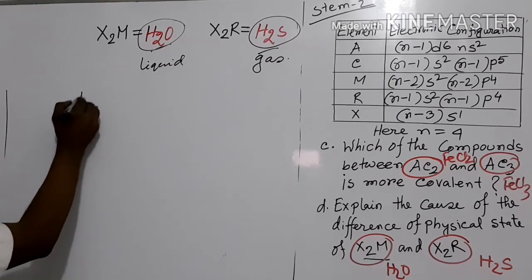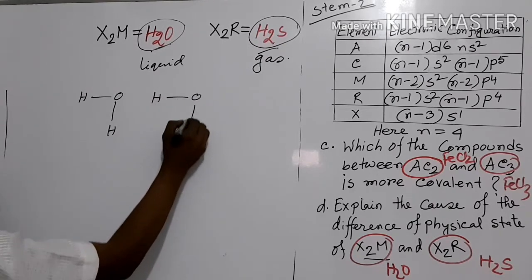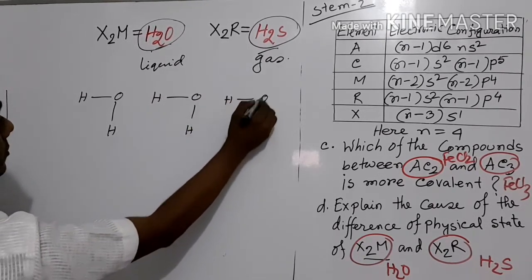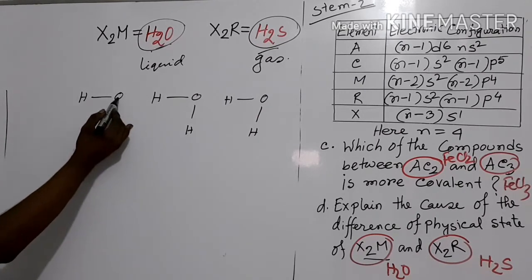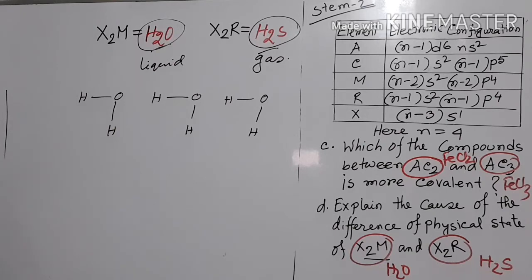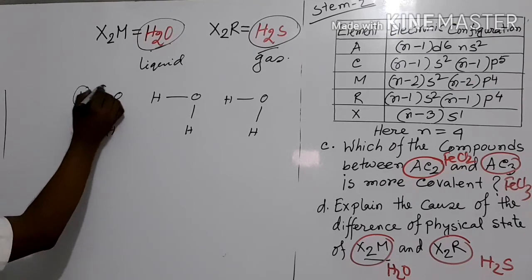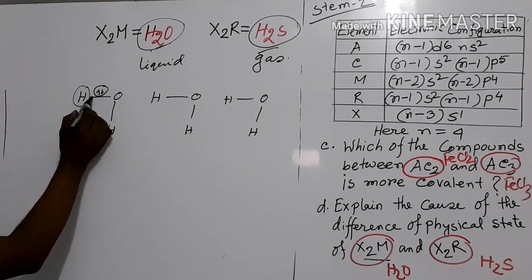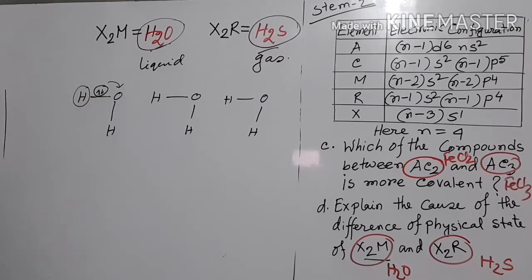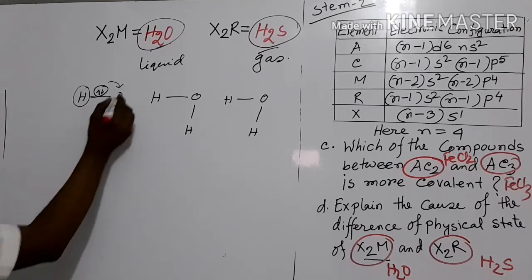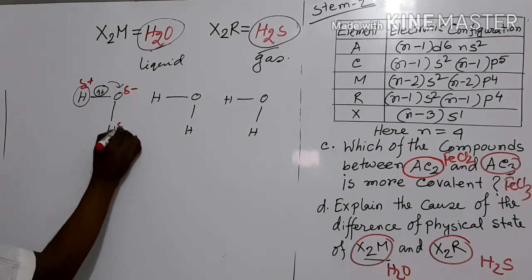Why is H2O a polar compound? The electronegativity of oxygen is higher than hydrogen, so oxygen attracts the shared electrons between hydrogen and oxygen towards itself. As a result, oxygen forms a partial negative and hydrogen forms a partial positive charge.